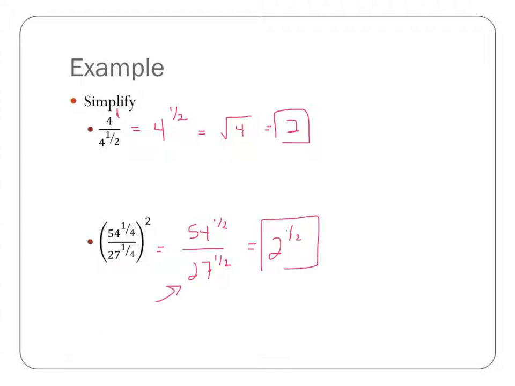So that property is your a over b to the m equals a to the m over b to the m. So because they both have the same exponent, really what we did is we looked at it like that. So there's several ways you can look at these and several methods you can do to simplify them.